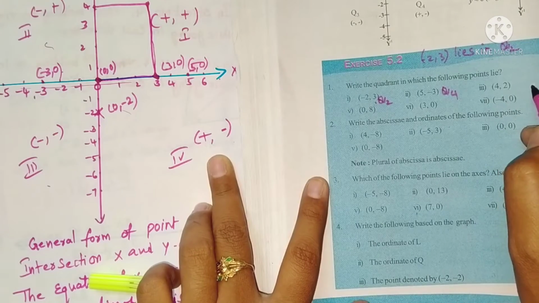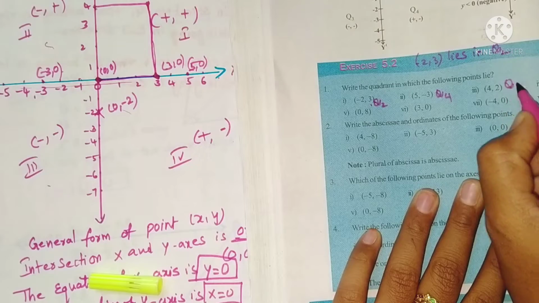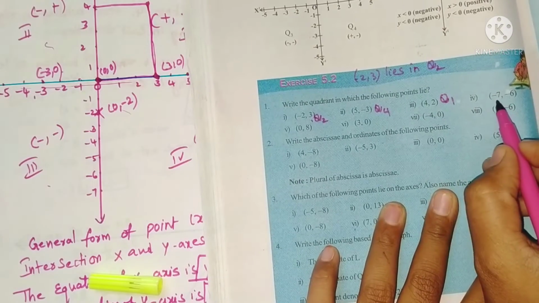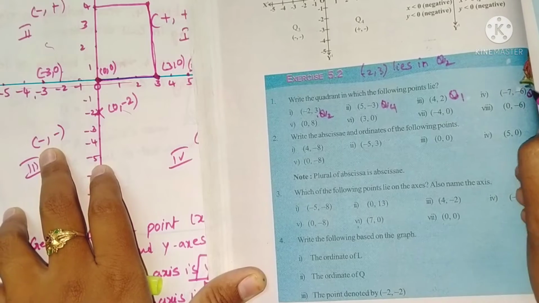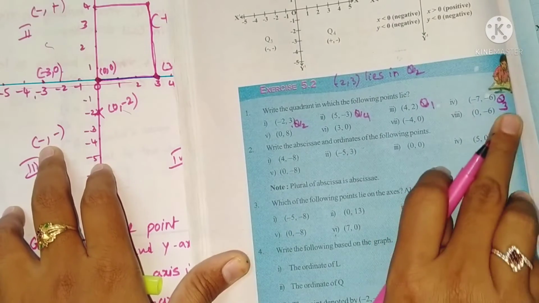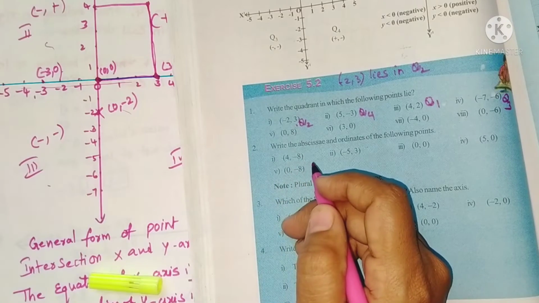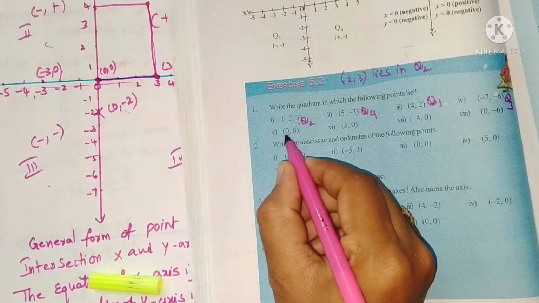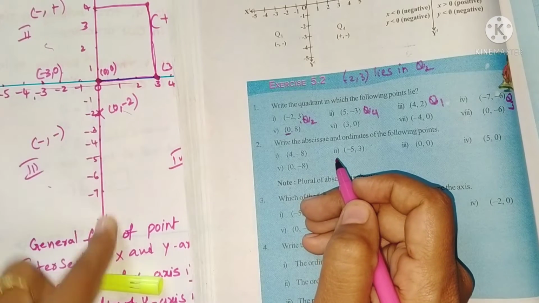Next 4, 2. Both are plus. Plus, plus means Q1. And fourth one, both are minus. If both minus means it is Q3. It lies in Q3. Next 0, 8. Here x is 0. x 0 means it lies on y-axis.